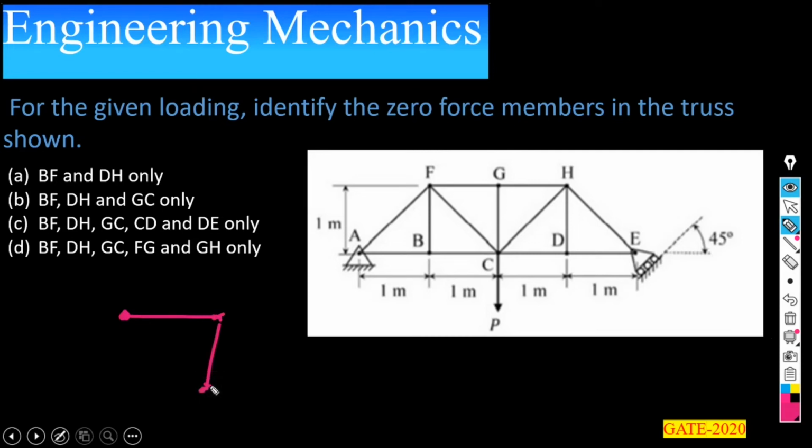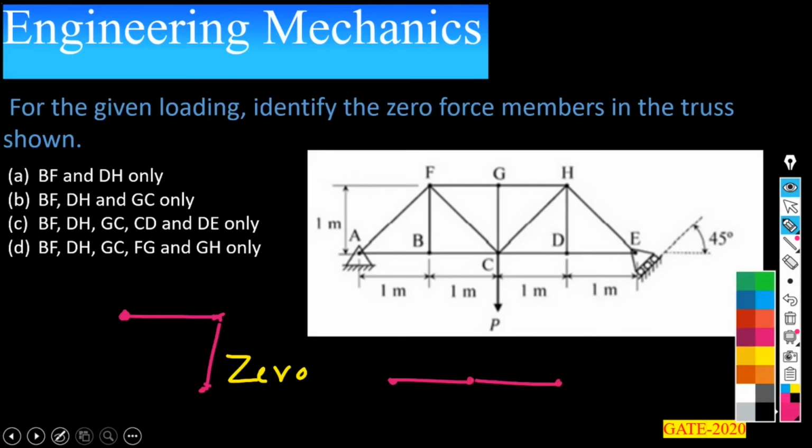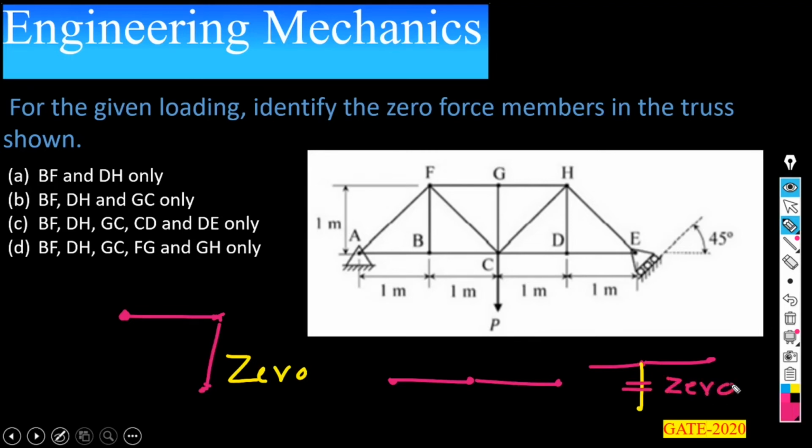If you have only two members and they are not collinear, then the two members are zero force members. If the two members are collinear, then they are not zero force members. Say you have three members, two of them collinear and one member like this. Then the two collinear members are non-zero force members, and the other member is a zero force member.